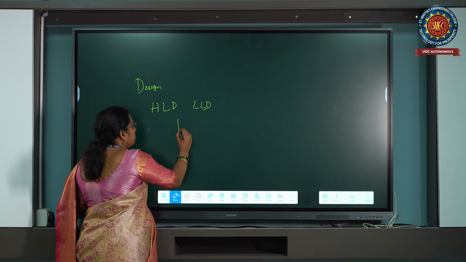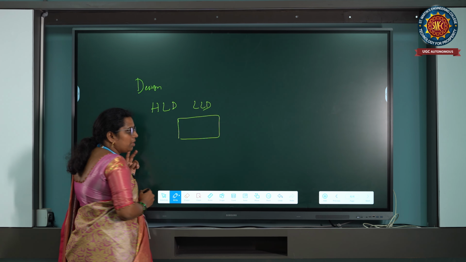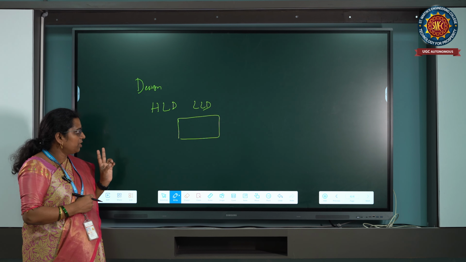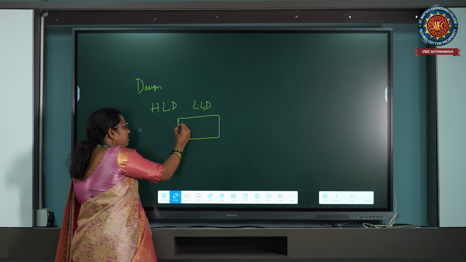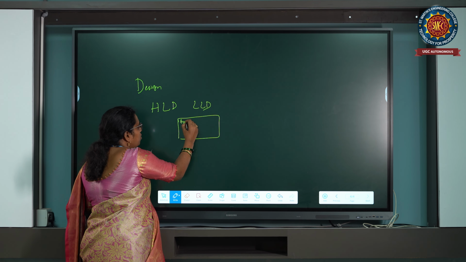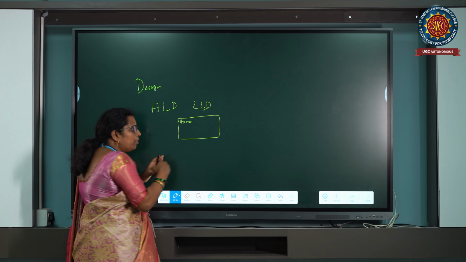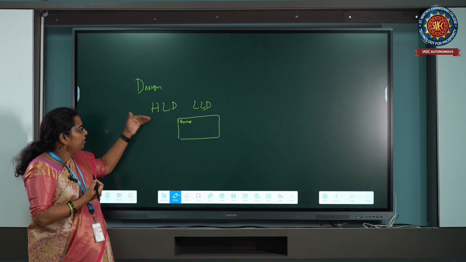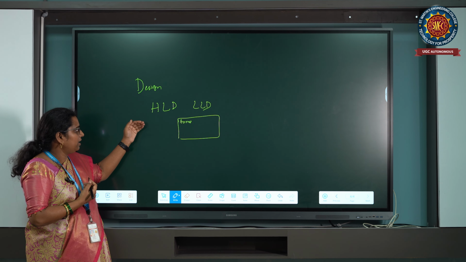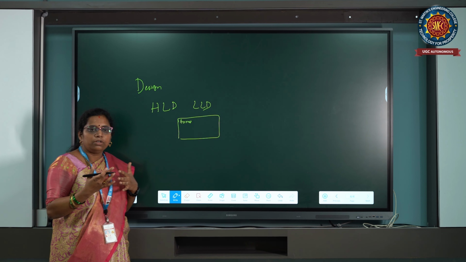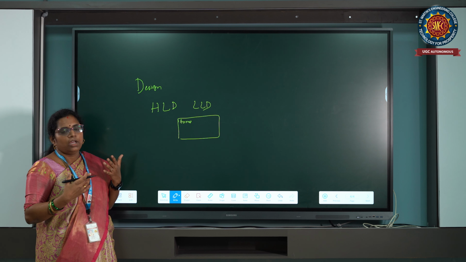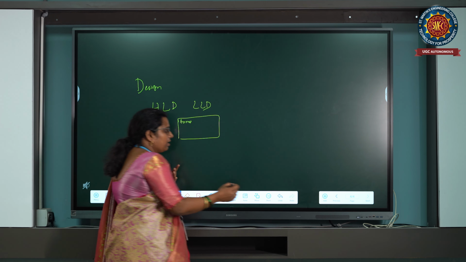In this you'll use two approaches, top down approach and bottom up approach. Suppose there is a web page, this is the home page. How it is going to be divided is considered in the HLD. Further work comes under low level design.